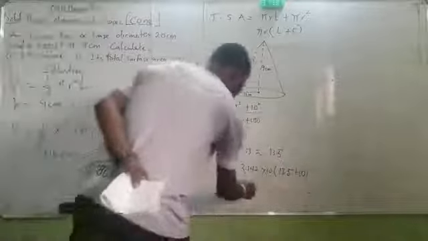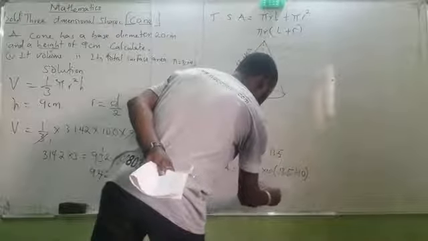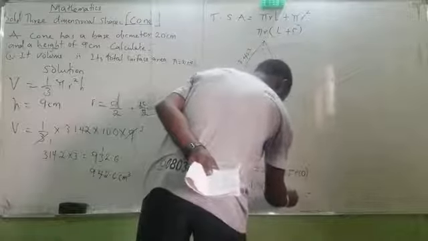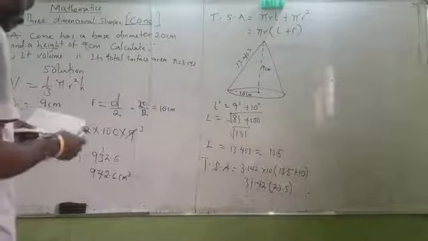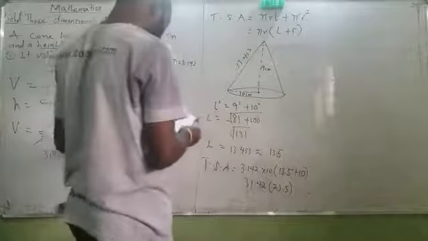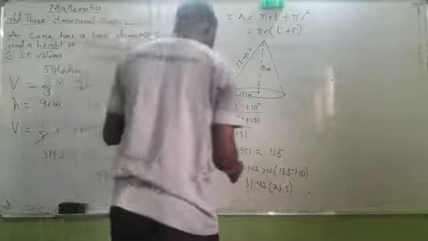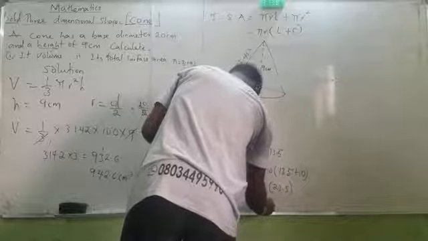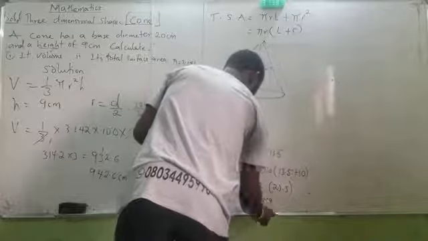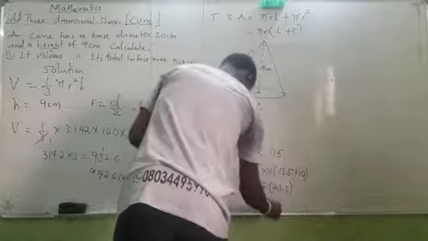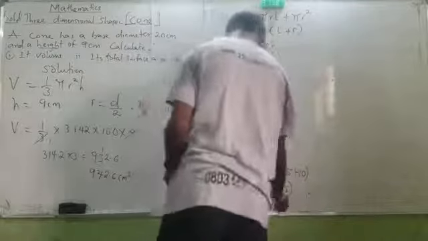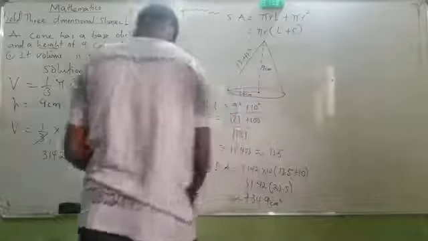I'll be having 31.42 and here will be 23.5, which if I multiply, hope I'm not making any mistake. No, I'm not. Now, I'll be having 434.89 centimeter squared.